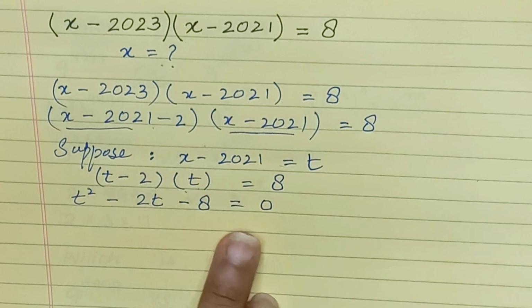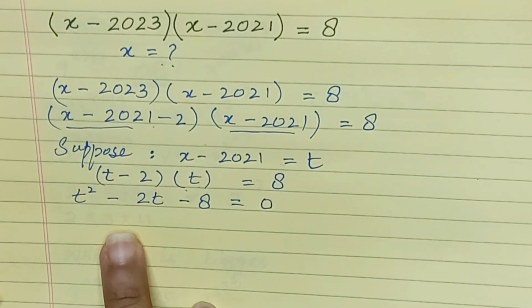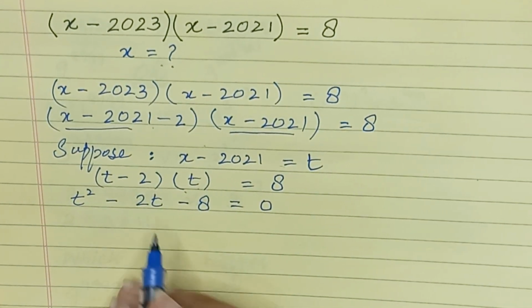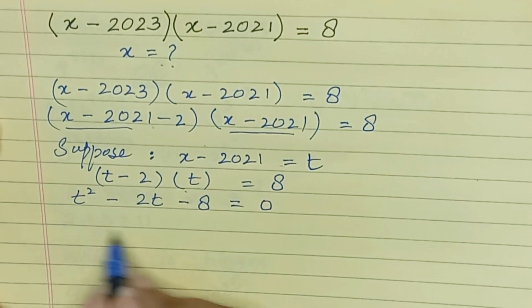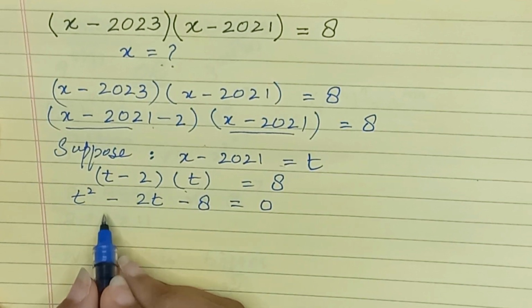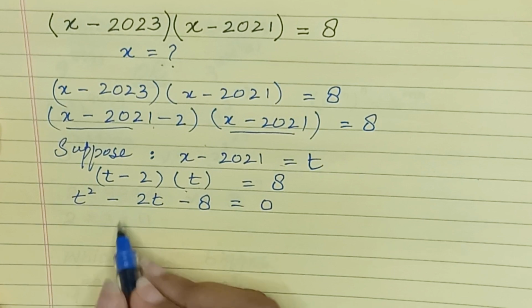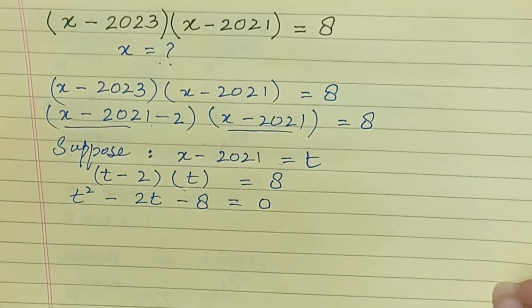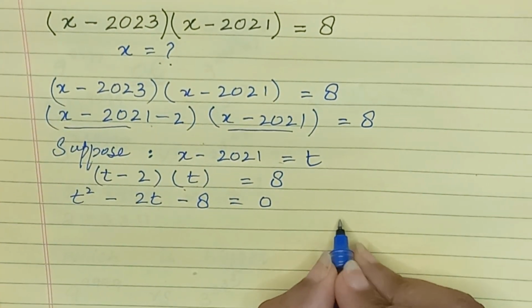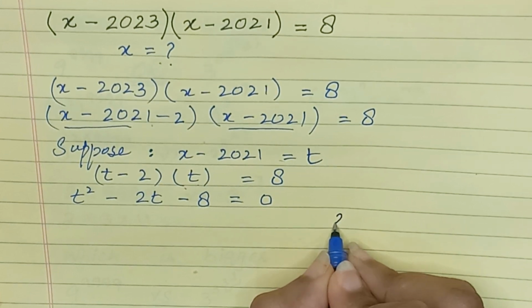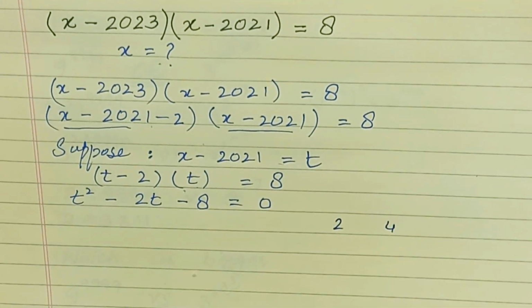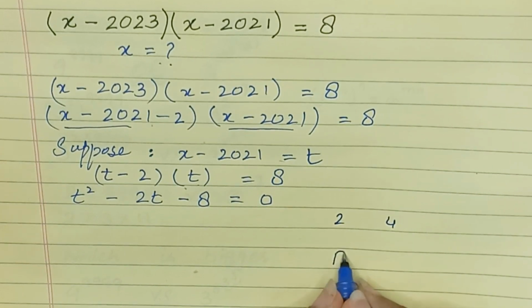Now here we have a quadratic form, so we will apply the middle term break method. The product should be equal to negative 8 and the sum will be equal to minus 2. So we will take its factors. In the table of 2 we can see 2 and 4 are factors of 8.